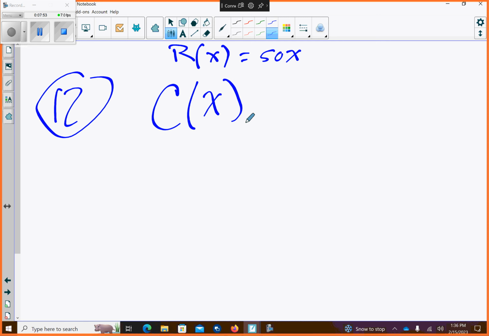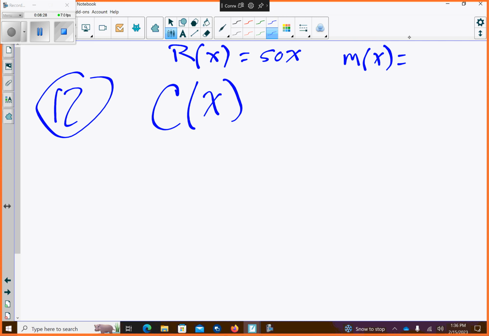So the marginal cost is 27. Let's see, number 12, 27x plus 3000.